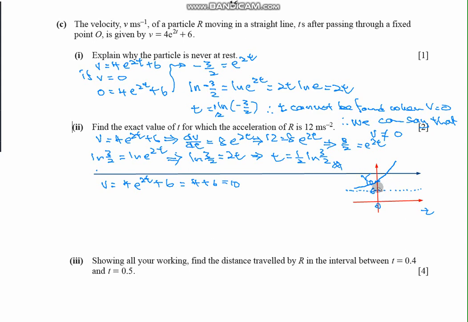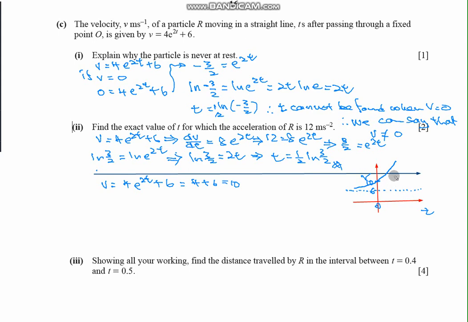Now this v and this t, if you integrate, you can find the area below the curve. For velocity versus time, the area under the curve is equal to the distance.